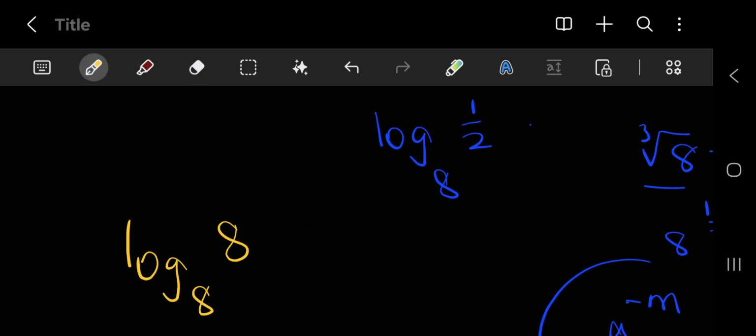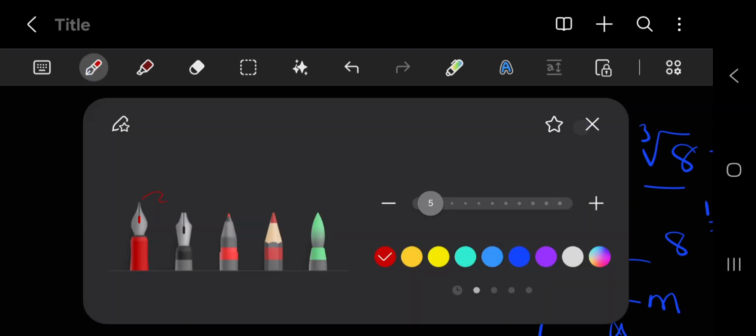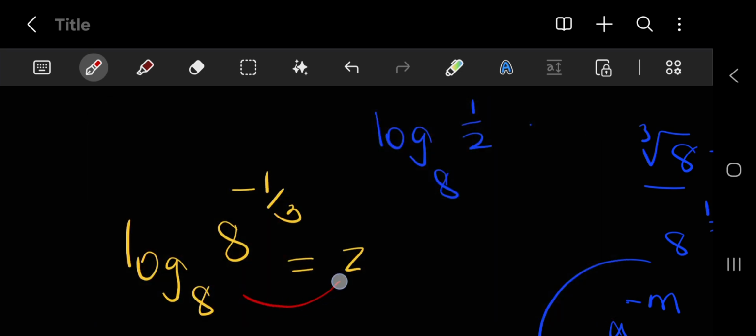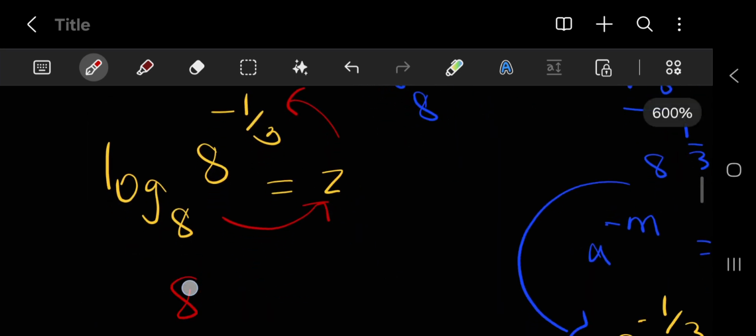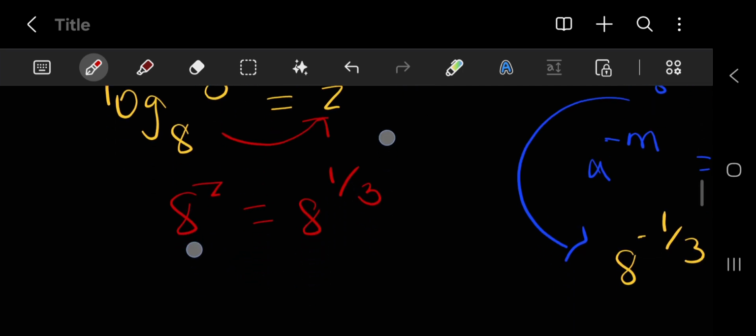And this is the last problem of today's video, and this is log 8 base 1 by 2. I know 8 is equal to 2 cube. I know 2 power minus 3 is equal to 1 by 8, because 2 power minus 3 is nothing but 1 by 2 power 3.